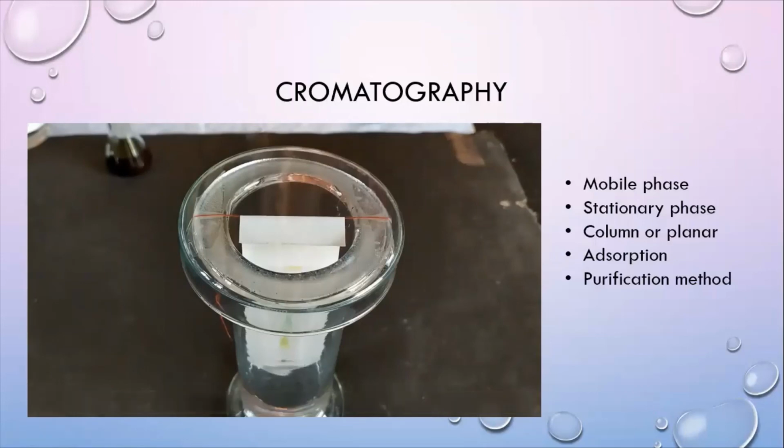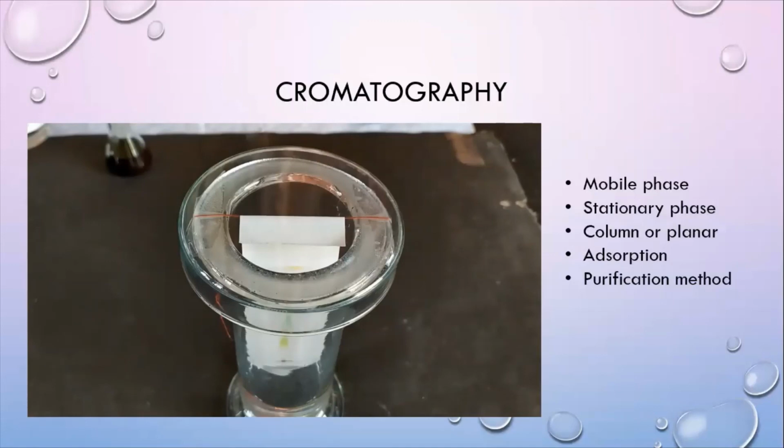This is widely used as a purification method because each component moves differently based on this adsorption, and this is referenced in books or tables. So we know that when my component is pure, it will move X amount of centimeters, and that's how we know what components we have in the sample.